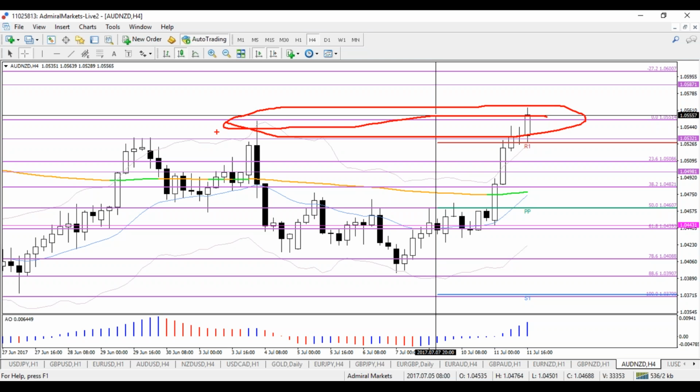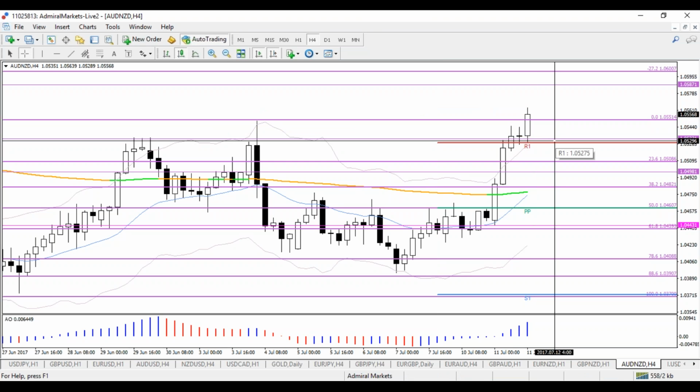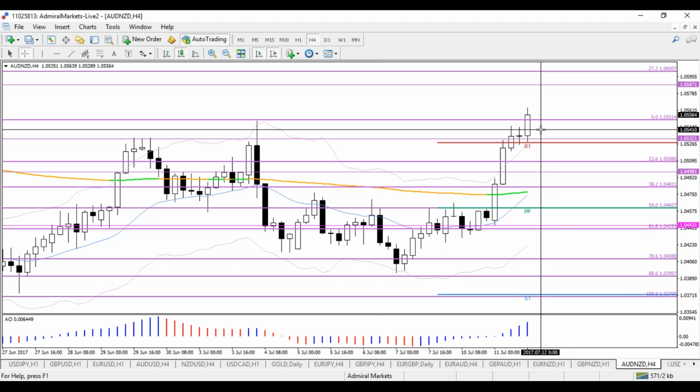I was just looking for good spots to the upside, and I think that 105.40 might be a decent level if this 4-hour candle closes something like this. Small retracement and a continuation up to 106 area.